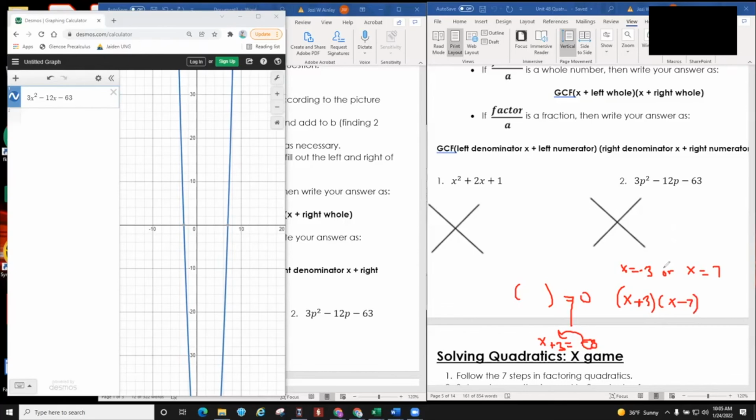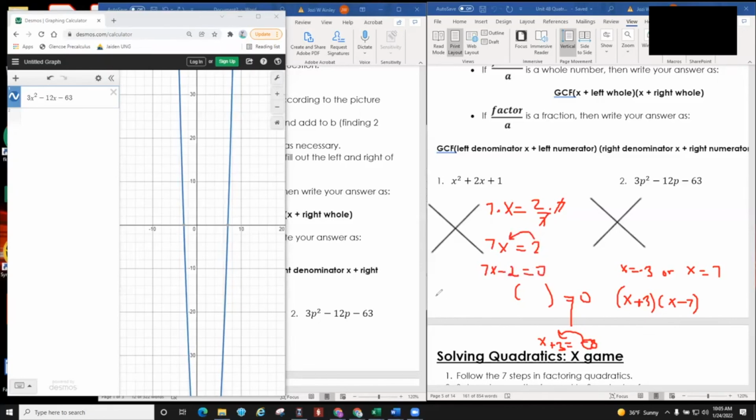And the same thing if you had a fraction. Let's say you have x equals 2/7, right? You want to go back and make it equal 0. So we're going to multiply everything first by 7 to get rid of the 7. I'm going to have 7x equals 2. Take the 2 to the other side, that's going to be 7x minus 2 equals 0.